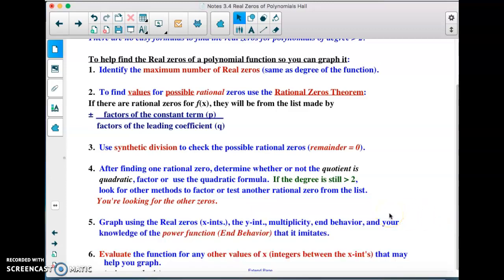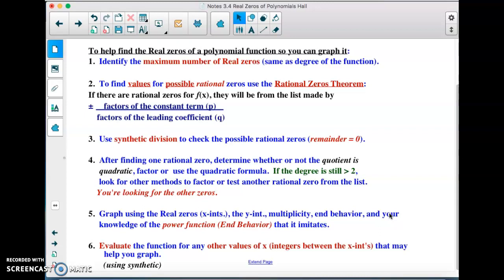Last few. Number 5, graph using the real zeros, x-intercepts, the y-intercept, multiplicity and behavior, and your knowledge of the power function and behavior that it imitates. So you're going to use all the things that you've already been using. Graph the x-intercepts. What's the y-intercept? Set x equal to 0 and find the y-intercept using your constant term. Multiplicity: is there a bounce back?